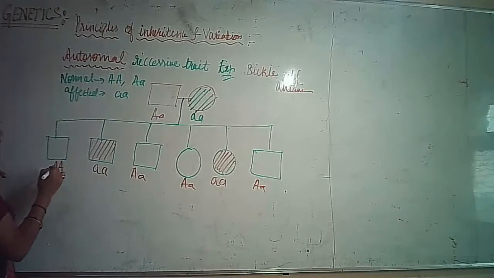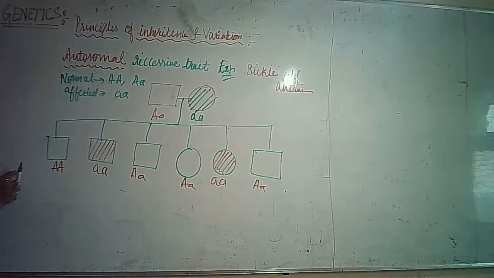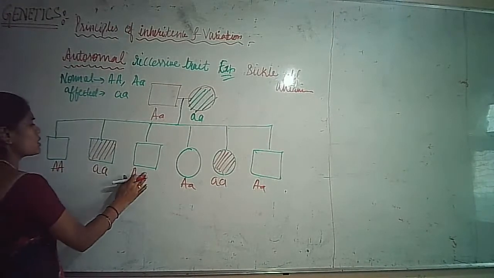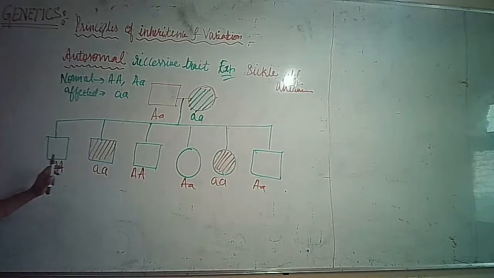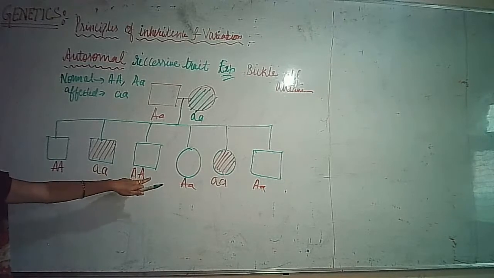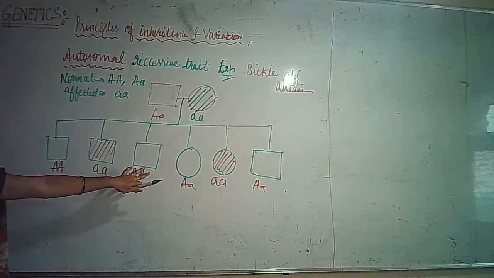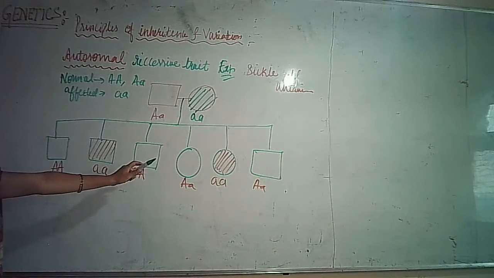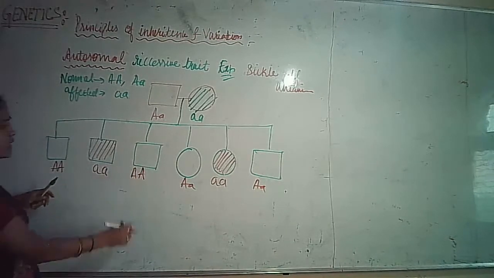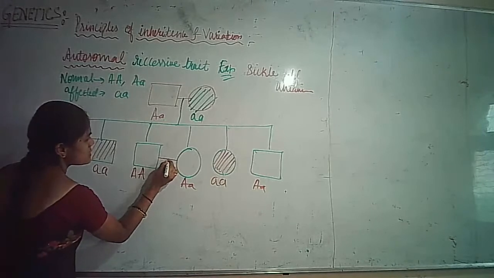Here the condition is capital A, capital A. Okay, that is completely homozygous. Here also, for example, it is capital A, capital A. So you are able to see both are normal. The carrier means it is having one small gene. Is it possible to generate, if there is a marriage between these two?